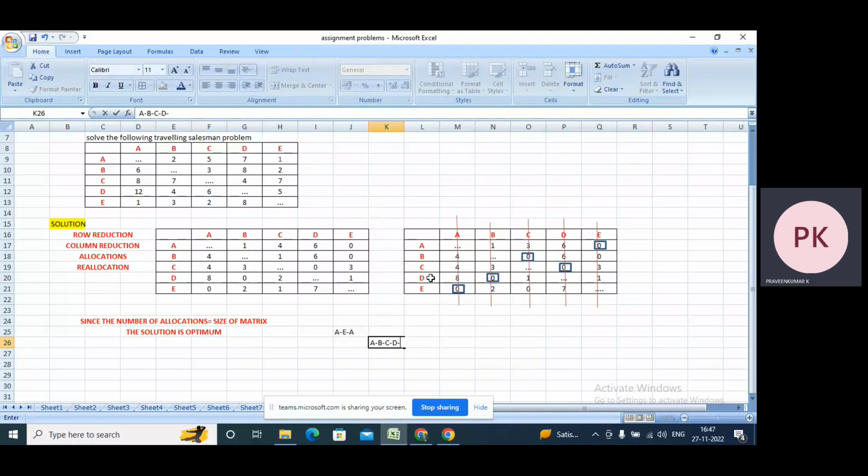Instead of D to C, I will allocate D to E. The next least element is 1. You have one more option, E. I allocate E, then E to A. So this is the possible optimum route for the given traveling salesman problem.